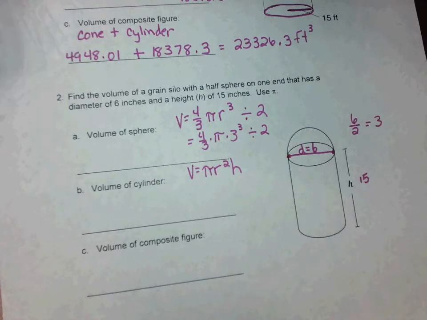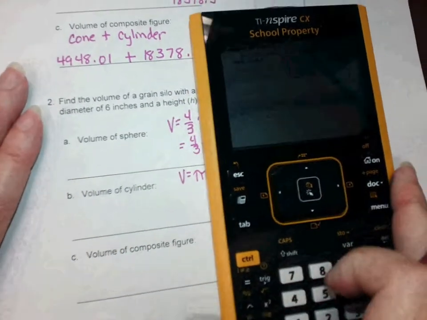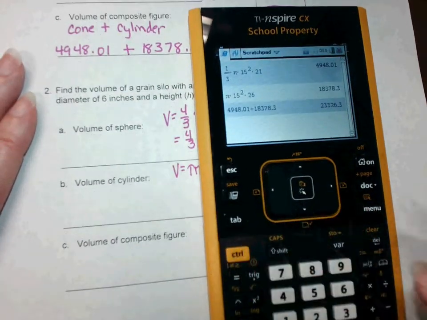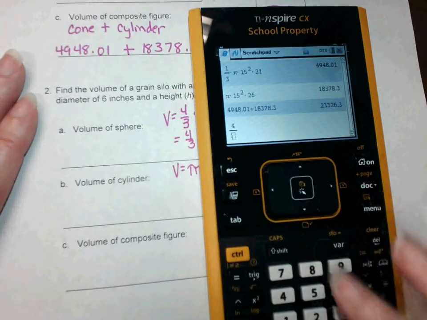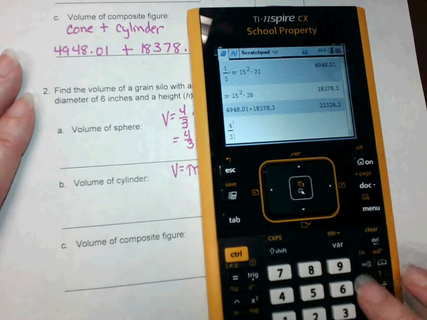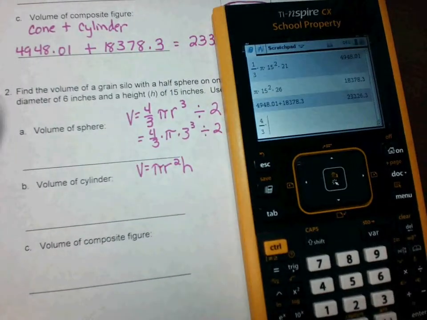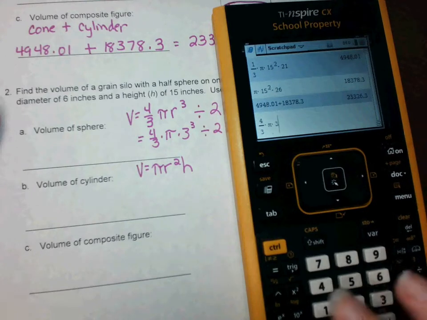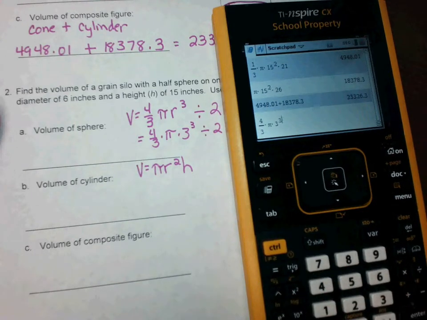Here's how I'm going to put that in. I'm going to put in 4/3 times pi times 3 cubed.